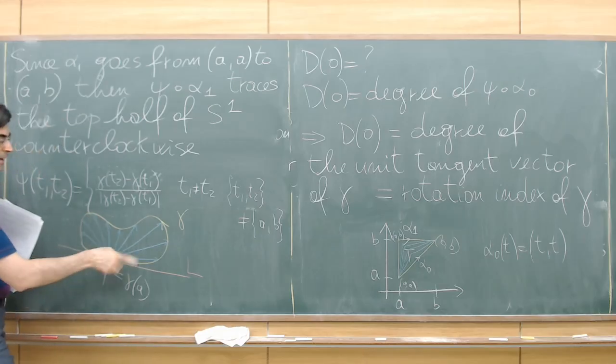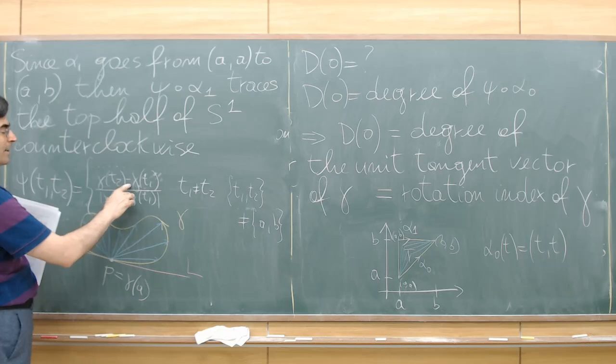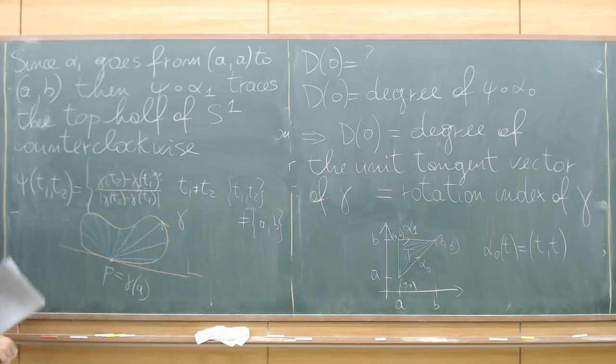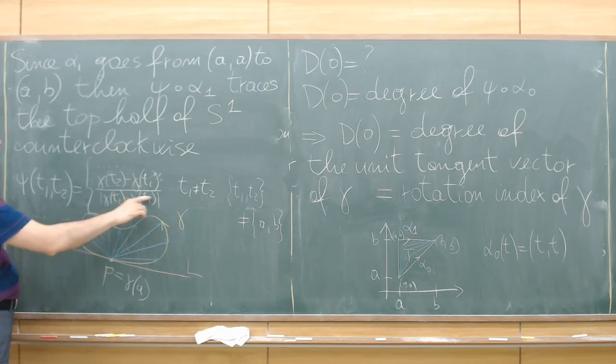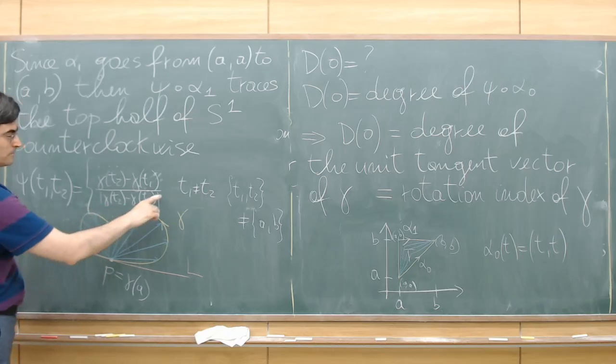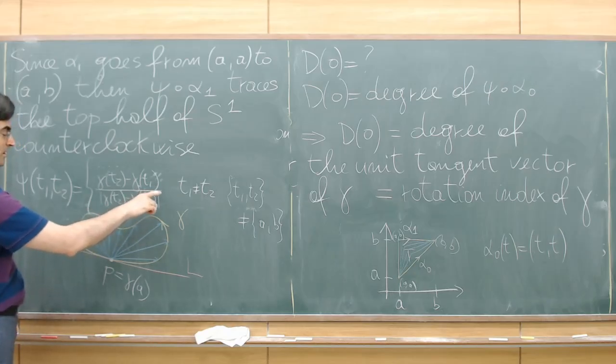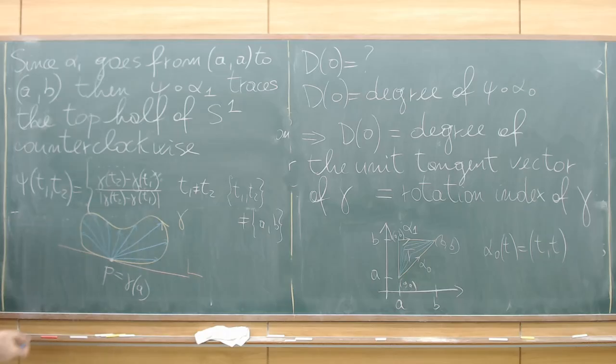So these blue vectors are gamma T2 minus gamma T1. But since we divide by its length, you get some vector of unit length. And I cover the top half of S1. Why? Because these vectors here point horizontally or upward.